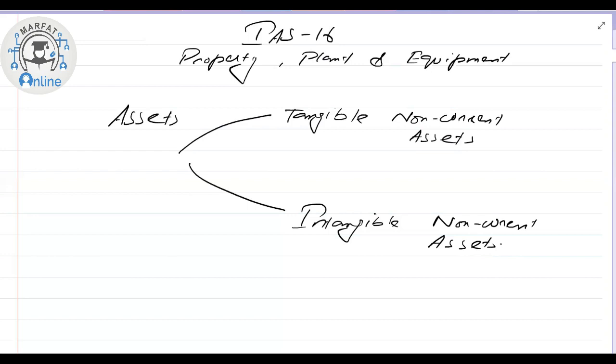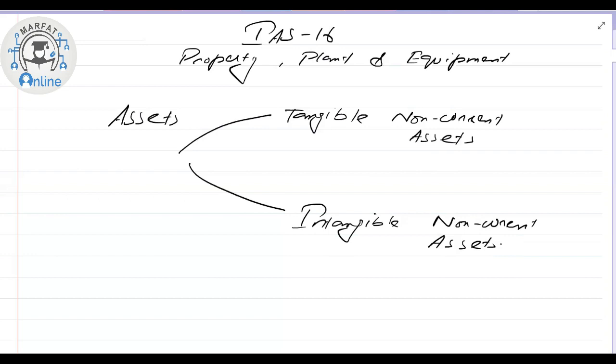Now, when we were dealing with basic accounting, we did not classify these assets into separate standards. But now we are in the strategic level paper. We are doing the accounting for companies, so we have to know everything in detail. We have to know which type of assets should be classified in this standard.